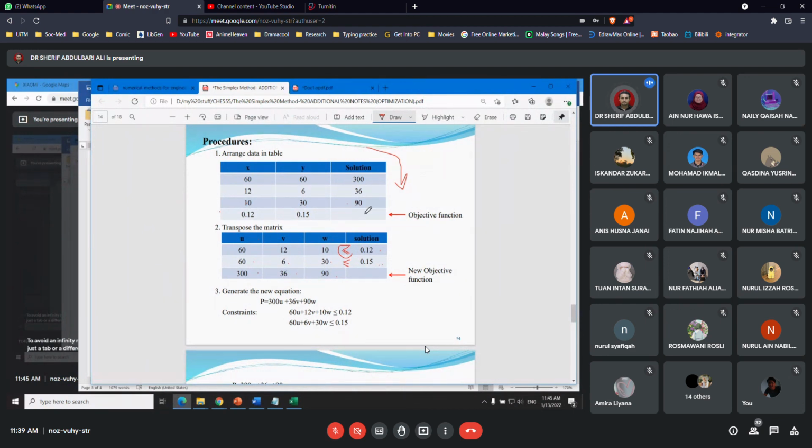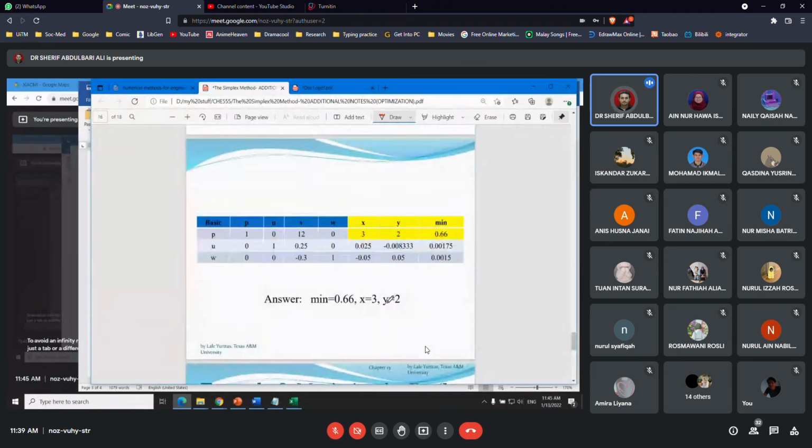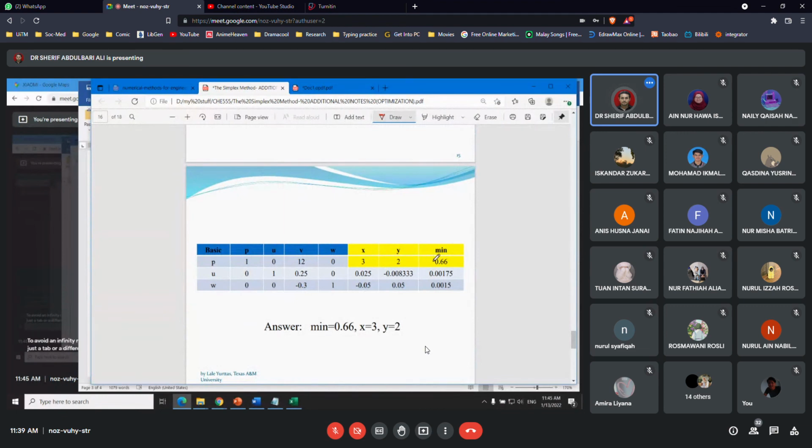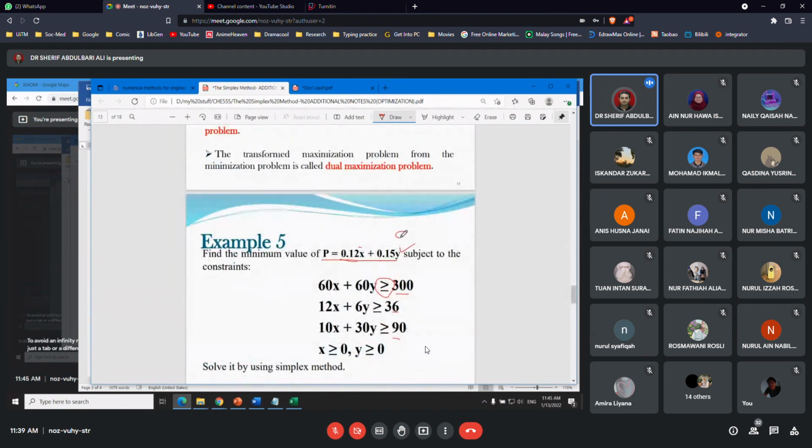That's why at the end of your solution, what you need to say is that you are going to minimize the function with the value of 0.66 when x is equal to 3 and y is equal to 2. If you want to confirm the answer, take the values 3 and 2 and put them back into the original equations, and you are going to get the value of 0.66. Okay, thank you very much for that answer.